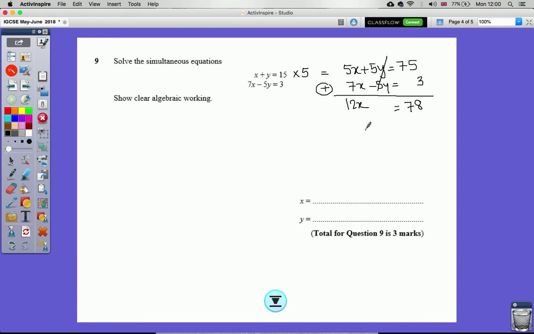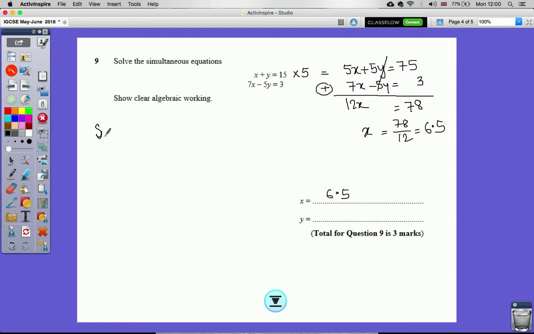Okay, so the value of x is going to be 78 over 12, which is 6.5. So I write 6.5 here. Now we're going to substitute the 6.5 into x plus y.